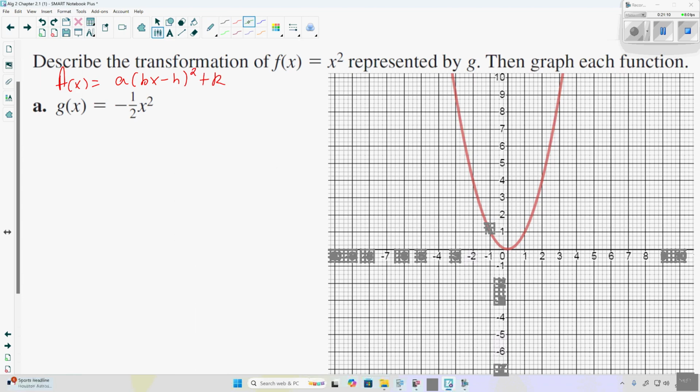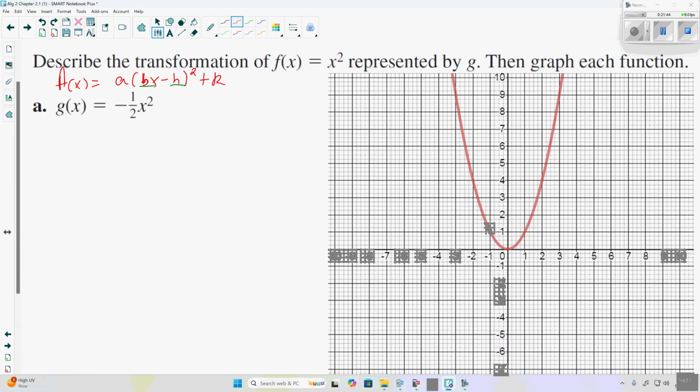So let's look at this here. Negative 1/2 x squared. Is there a value in place of h? No, we don't have anything added or subtracted inside the parentheses. So we don't have a value for h. Do we have a value in place of b? Do we have parentheses? For g of x, we have negative 1/2 x squared, yes?